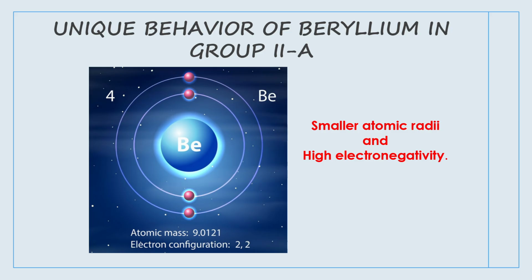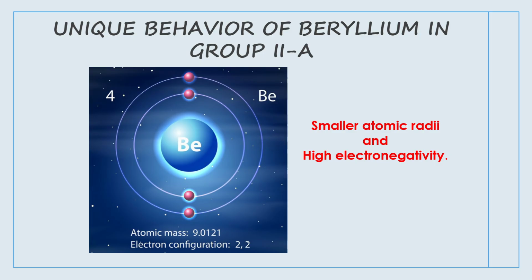The two keywords are smaller atomic radii and high electronegativity. You will easily be able to understand this and write it down in your board examination. This smallest atomic radii and high electronegativity result in the hard and rigid structure of beryllium. It gives low density and high melting point.